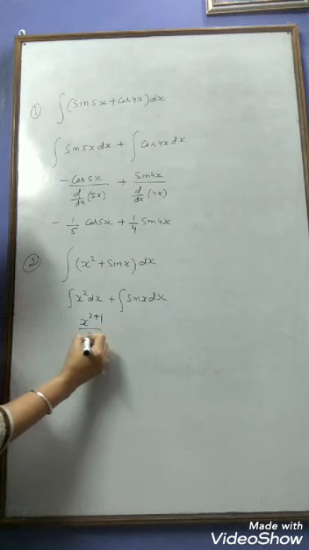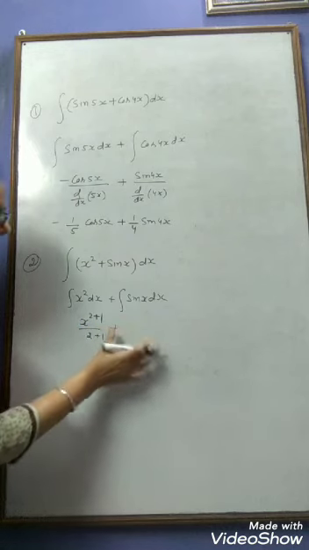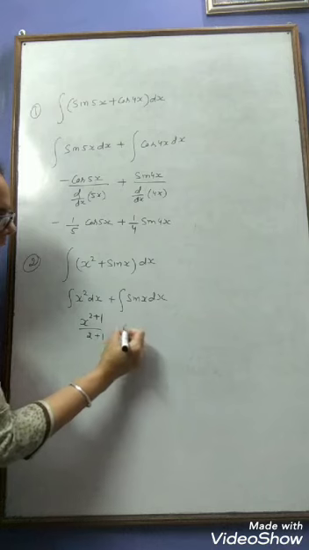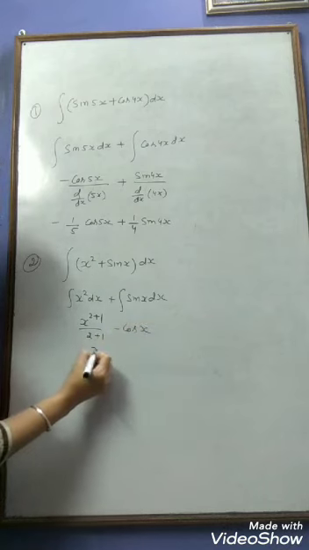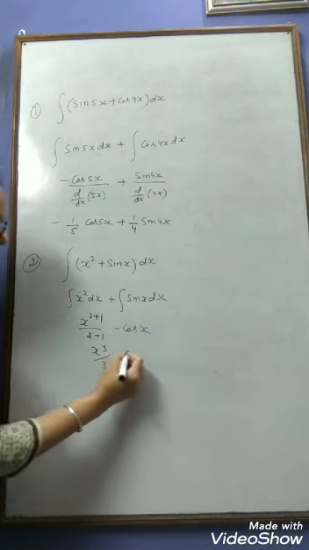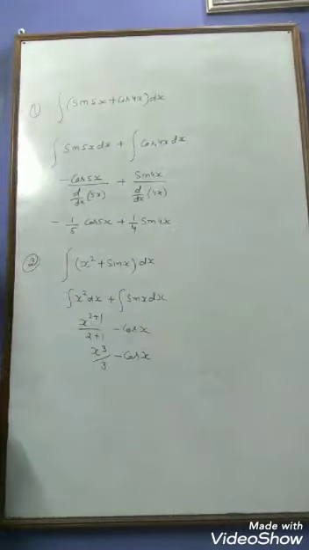For x square, 2 plus 1, and the integration of sine is minus cos x. So x cube upon 3 minus cos x is the answer of this question. That is the integration we use for trigonometric functions.